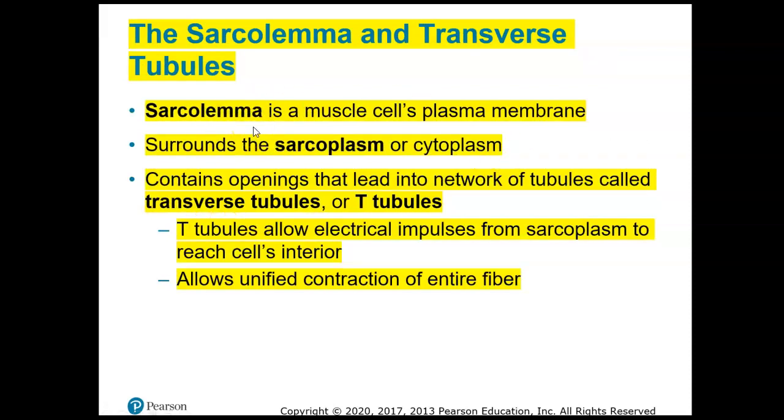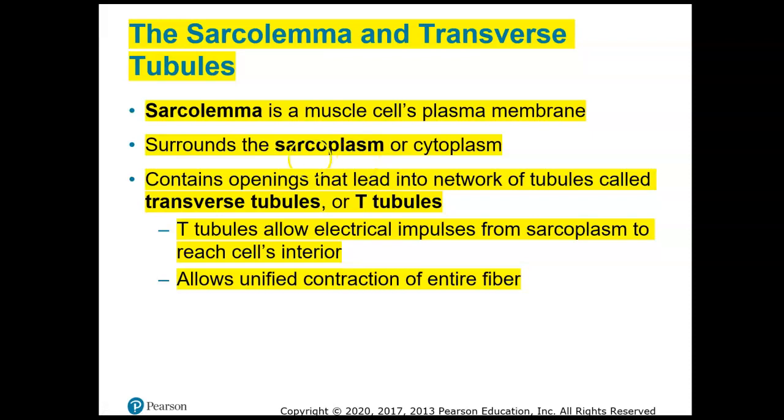All right, some terminology. In a typical cell, we call the portion of the cell that separates the cell from its environment the plasma membrane. But in the muscle cell, we call it the sarcolemma. The cytoplasm of the muscle cell is called the sarcoplasm.